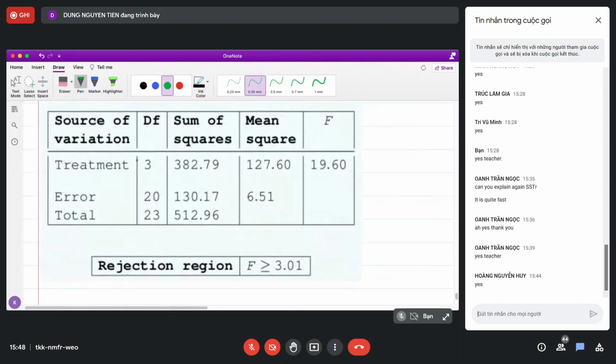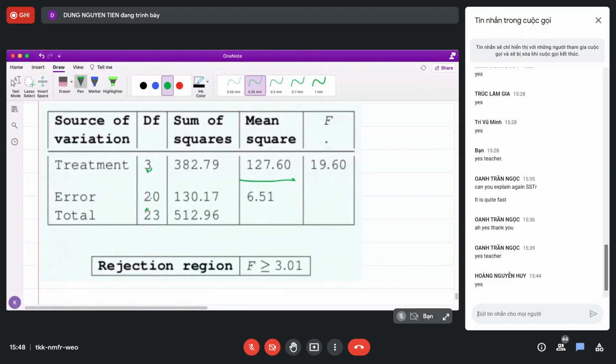So we get the degree of freedom 3. You already knew that. This is the degree of freedom 23. And you take the difference between these two degrees of freedom to get 20. And then you can also find the sum of squares. And you divide the sum of squares by the corresponding degrees of freedom to get the mean square. You get these two mean squares, and you divide these two values to get the F value.